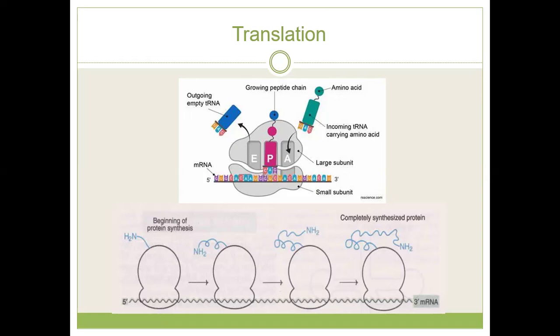That information is contained in messenger RNA. It comes with the number of amino acids, the sequence, the arrangement, which amino acid comes first, which comes second, which comes last. All this information is encoded in the messenger RNA.